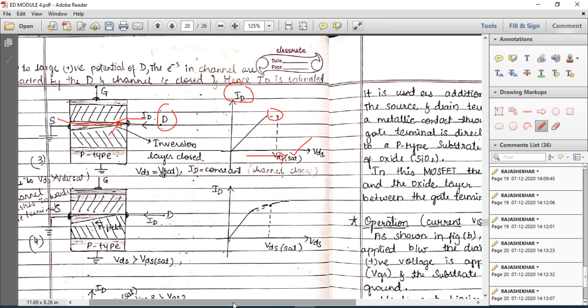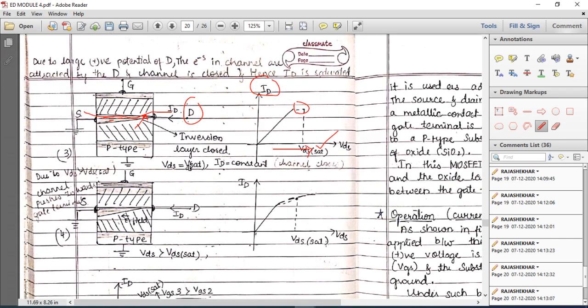So what happens if I increase it further? If I increase the VDS saturation voltage much larger, the depletion layer between the channel and the P-type, or between the N plus and P-type, again goes on and almost closes the channel between the two N plus regions, and creates an electric field here.